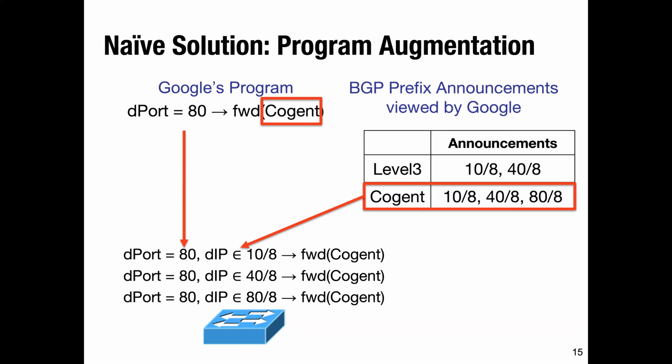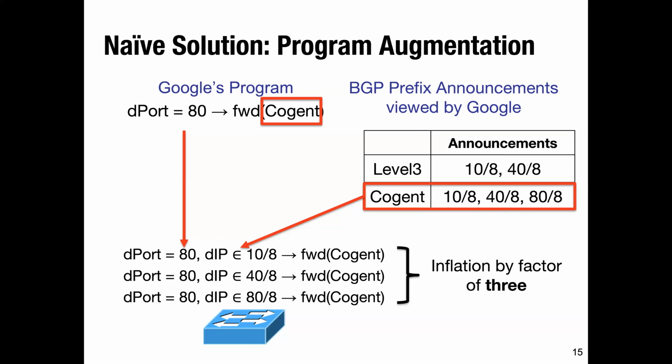So it cannot just match on the union of 10/8, 40/8, and 80/8. That will technically have to be translated into three different OpenFlow rules, right? So this will result in an inflation by a factor of 3 at the SDX switch. For a very simple program, if you have to match on all the prefixes that a particular network has advertised, then you're talking about a significant inflation here.